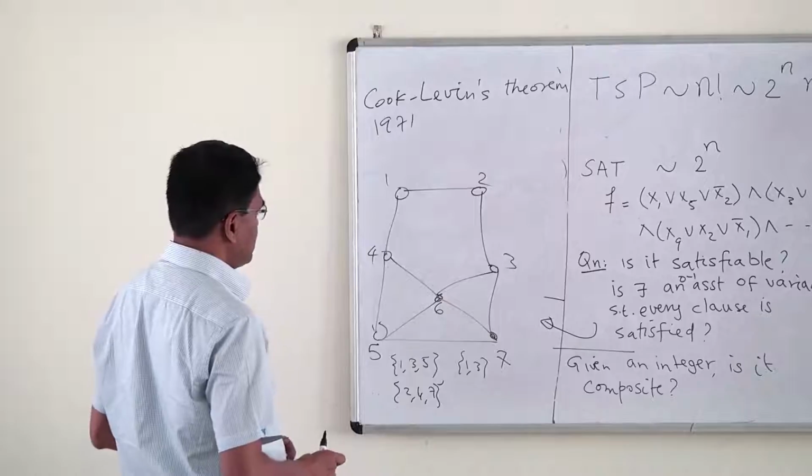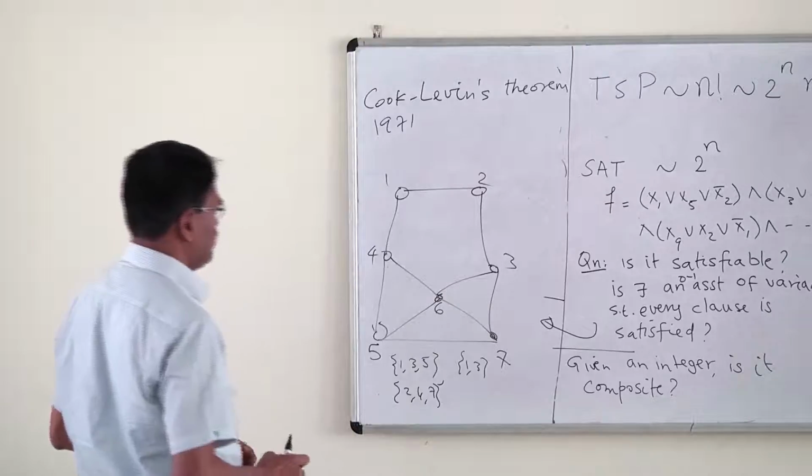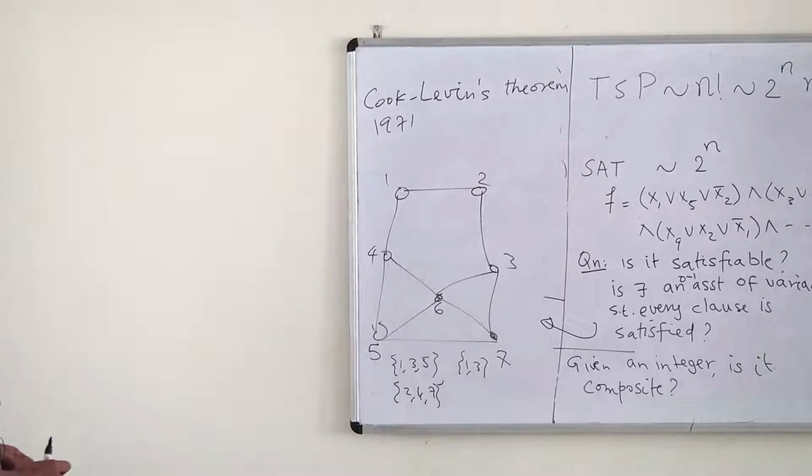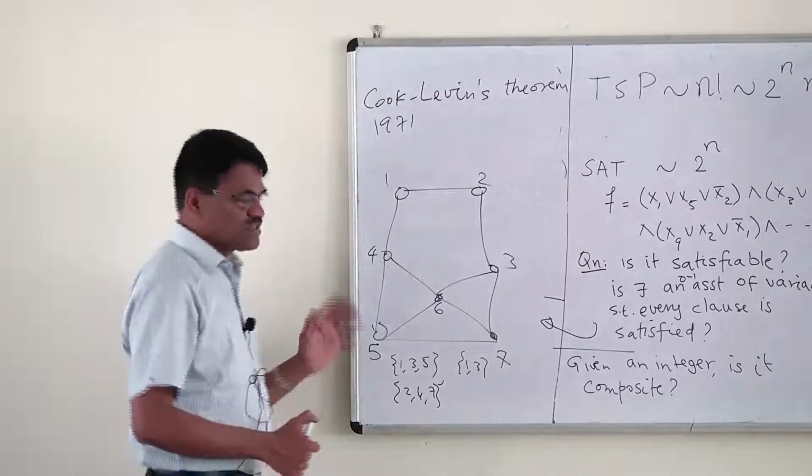Is there an independent set of size 4? Probably not. So, the maximum independent set size is 3.